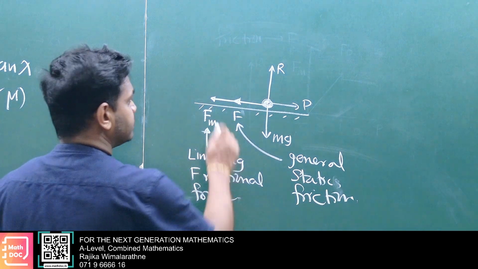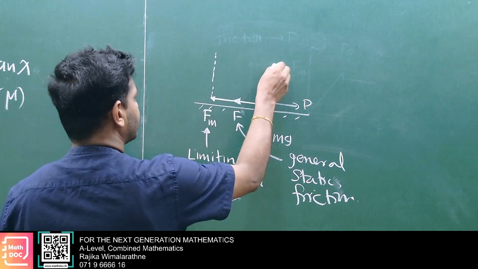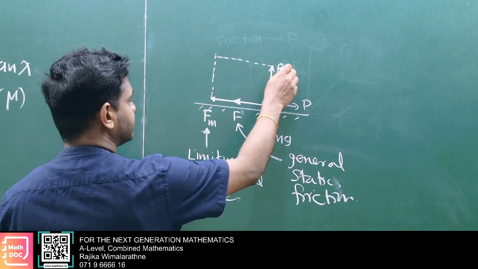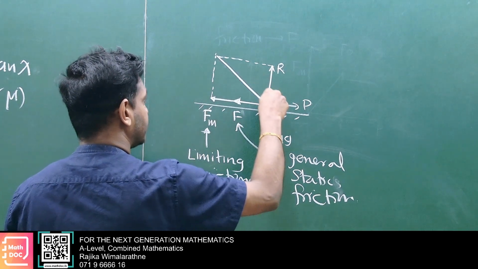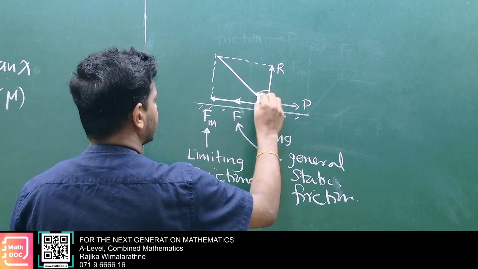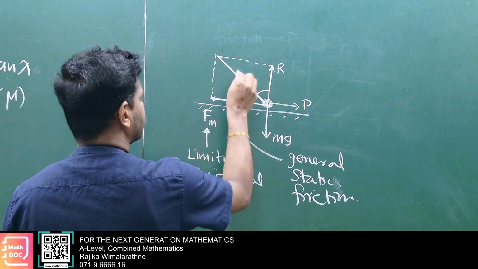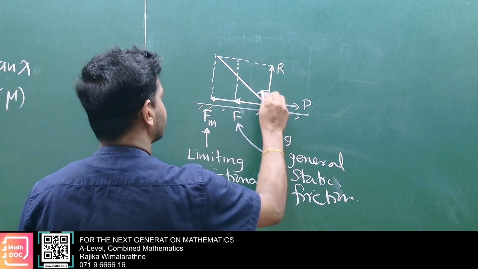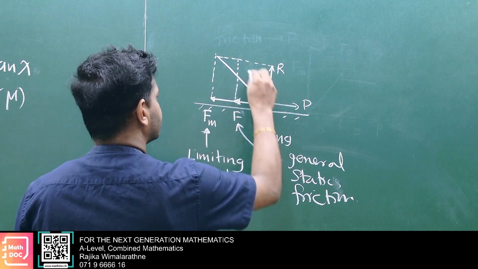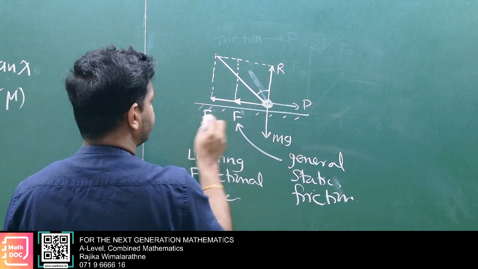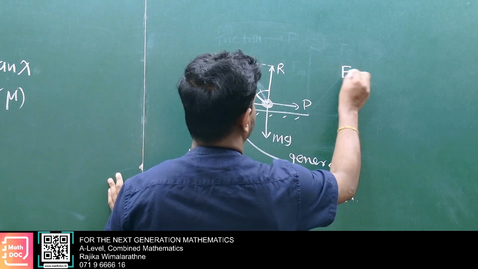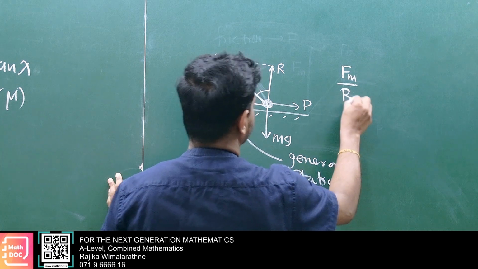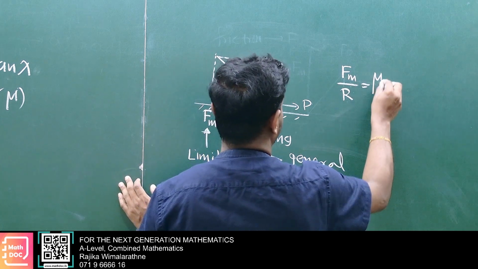Consider a parallelogram like this, the reaction won't change. Here Fm divided by R, let's denote by mu m.